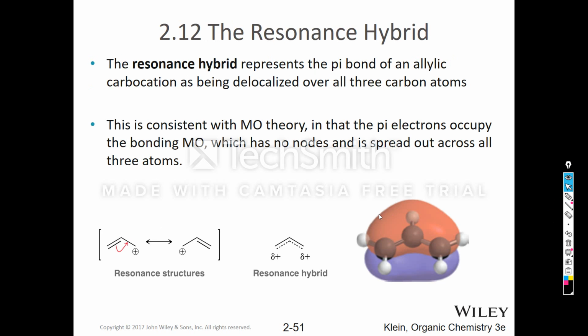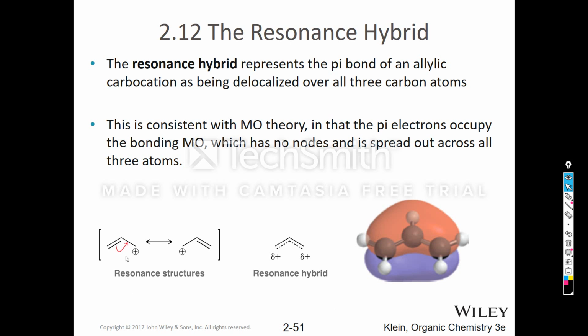Alright, so that is your exercise for finding out how to decide between the various contributors and see which one is more significant than the other. And now that you have a contributing structure or set of contributing structures, how does the overall structure of the molecule look?